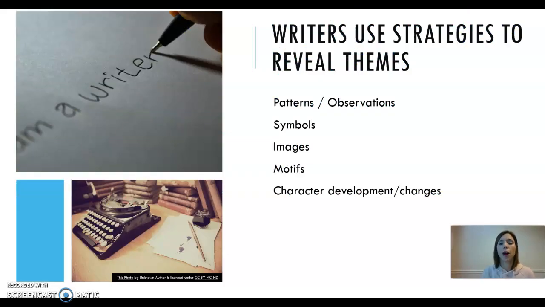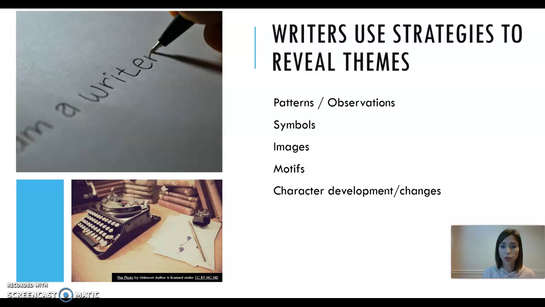We want to think about writers using strategies to reveal themes. So these are patterns, things you observe as you're reading. Maybe you got to the middle of the book and you're like, the way Holden treats Sally is kind of opposite to how he treats or thinks about Jane. Could I do something with that? Can I make some meaning out of that?